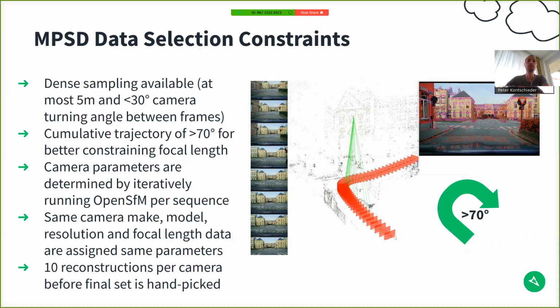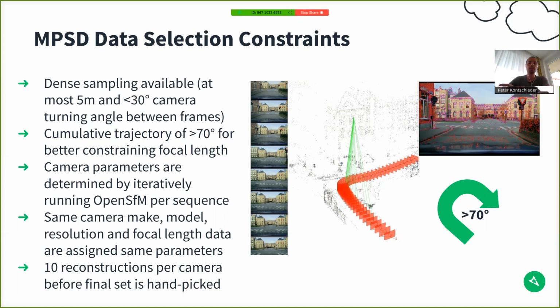So at most 5 meters between GPS positions of available camera frames. And the camera turning angle between adjacent frames should not be more than 30 degrees. We also want the cumulative trajectory in the actual sequence that we use to be larger than 70 degrees in order to better constrain the focal length.